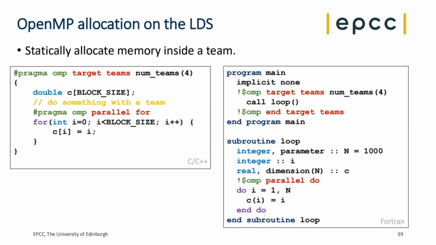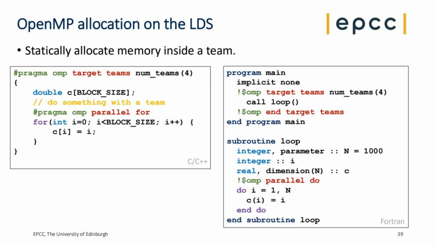Because we've got 4 teams, that could be split into quarters, and each quarter is written to the local data store on the team, so that the threads running within that team all have access to the data they need. That may happen, it may not.